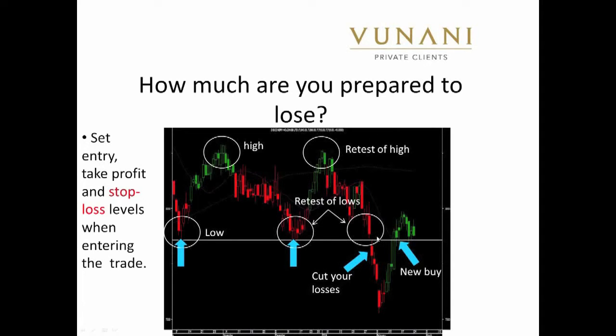But let's say we got in a little bit late, and this is part of the plan. Go back to set your entry, your take profit, and your stop loss levels when entering a trade, because trades can go wrong. So let's say we wanted to get in now on the third test of the low for a profit target for a retest of those highs. We would have had to enter a stop loss level in case this goes wrong, because they do go wrong.